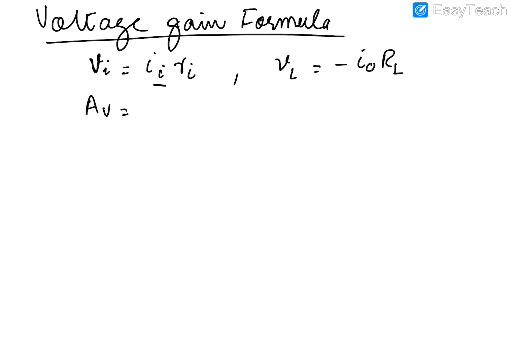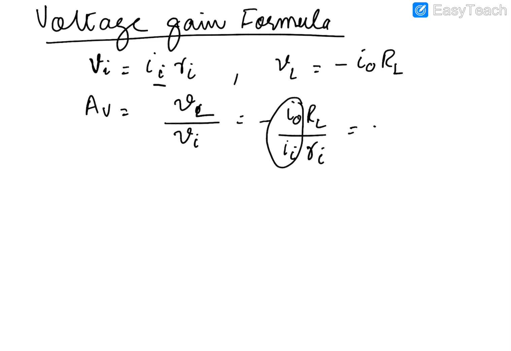So the voltage gain will be equal to VL over VI. We are taking VL because this is the case of a loaded amplifier, otherwise we would have taken V0. So minus I0 RL over I input RI. This is current gain, so minus AI into RL over RI.